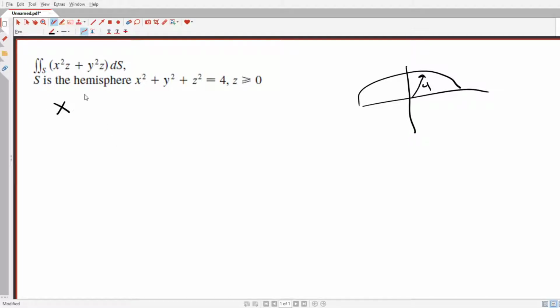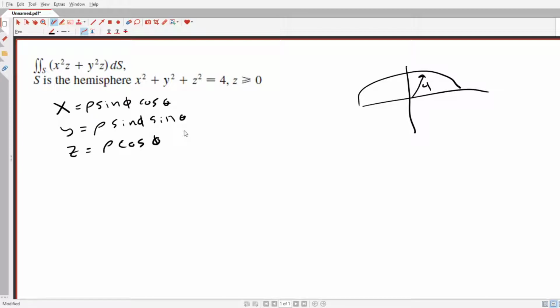Spherical coordinates was x equals rho sine phi cosine theta, y is equal to rho sine phi sine theta, and then z is equal to rho cosine phi.